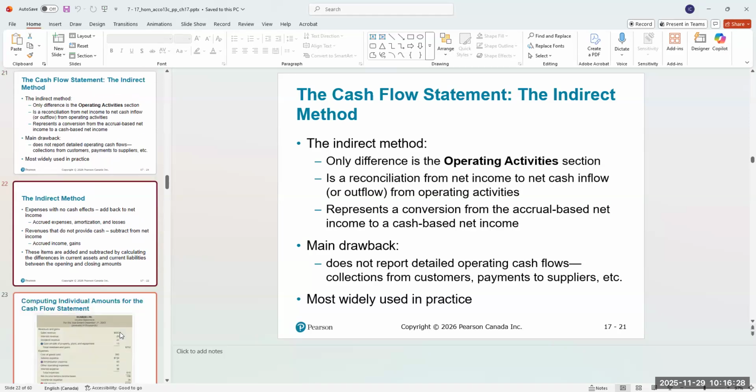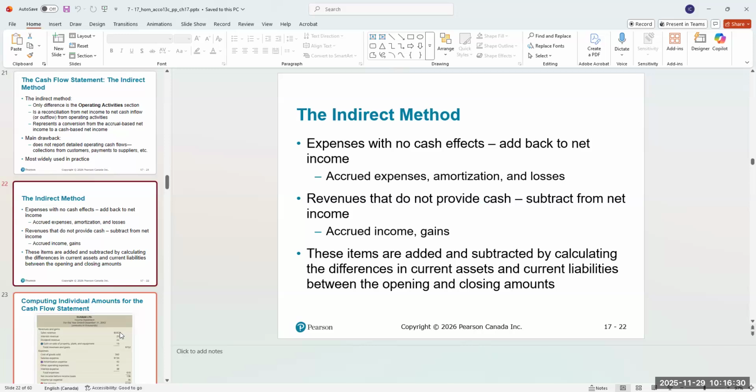So let's start and see how it goes. Indirect method, again: expenses which have no cash effect have to be added back. Revenue that doesn't have a cash relation has to be deducted.